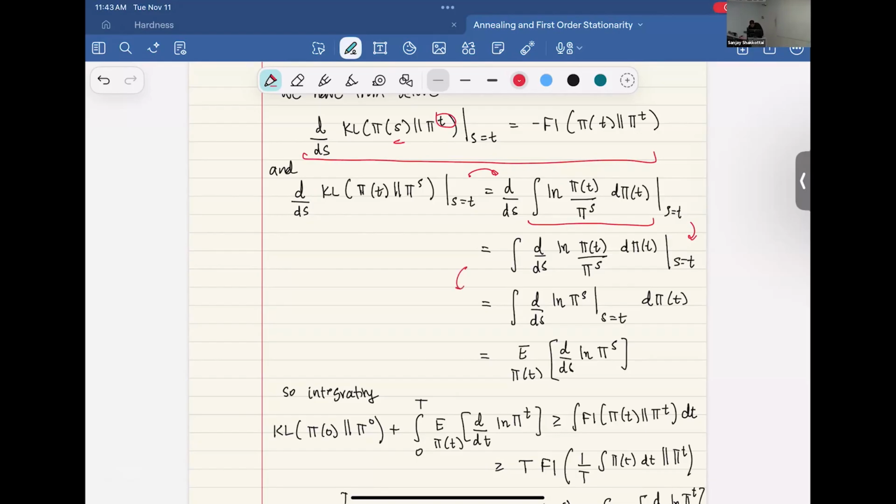From here to here, we observed that this t is not s, right? The derivative is with respect to s, t is fixed, like the numerator, and so you only really get the thing in the denominator. You can rewrite that as the expected value under pi of t of the derivative of log pi s, right?